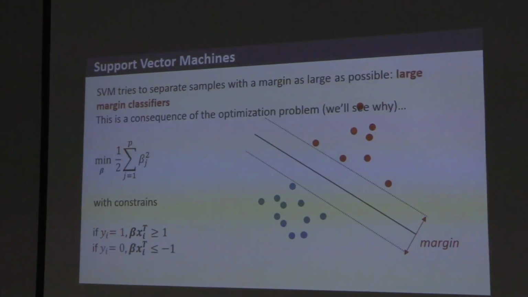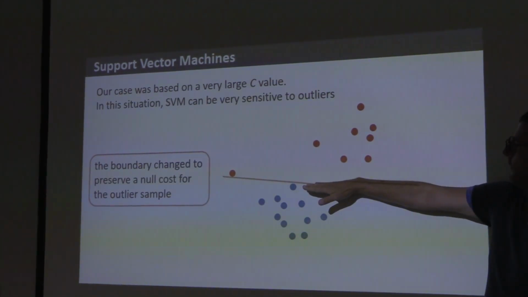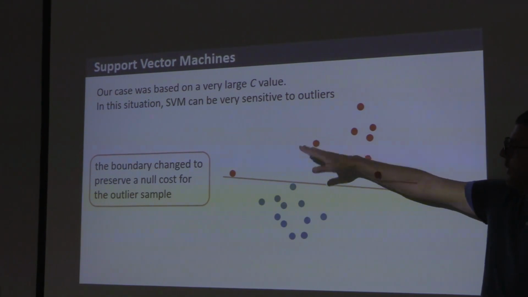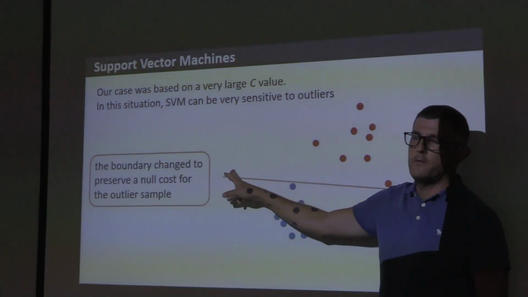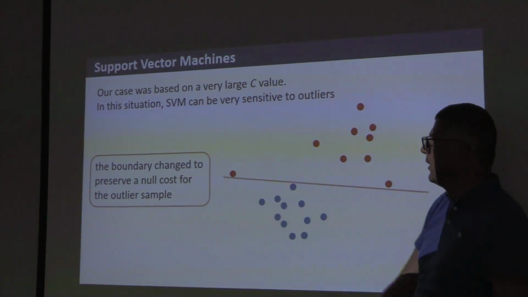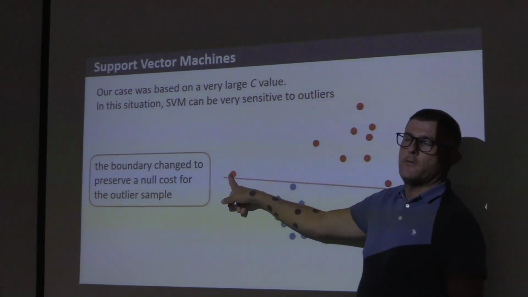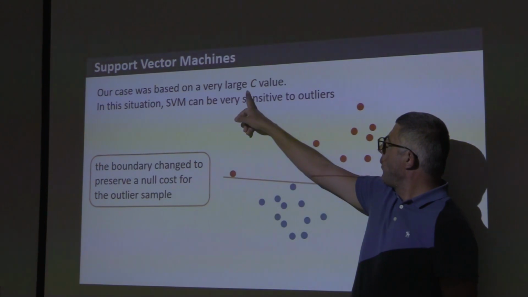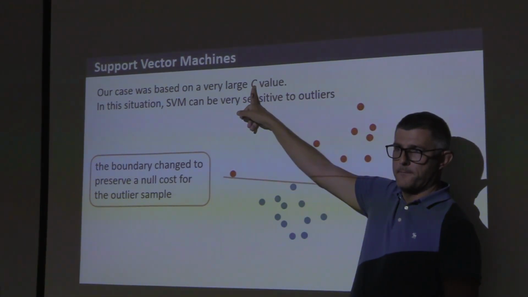So if you have a situation like this, the support vector machine may change the discrimination threshold a lot on the basis of this outlier. So it can be sensitive to the presence of a sample like this when we use a very high C value.